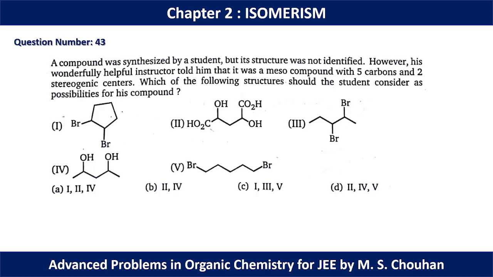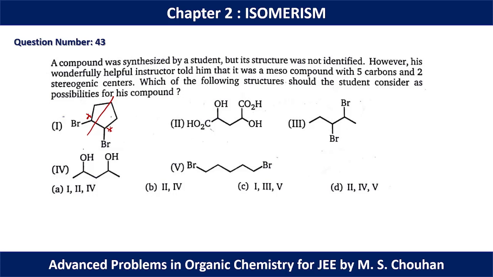Okay, so in molecule 1 we have 2 chiral centers, and we can have a sigma symmetry here. So molecule 1 is the best fit with the information given. It can be a meso molecule, and it can show stereoisomers as it has 2 stereogenic centers.